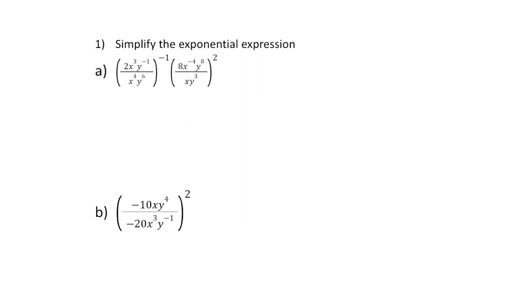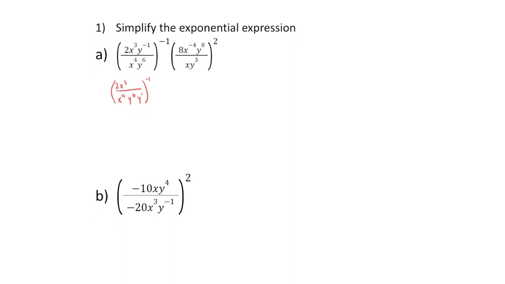So if we go about this step by step, the very first thing that I would do is simplify inside the parentheses. So simplifying inside the parentheses, first we have 2x cubed. I'm going to bring that -1 down. So I have y to the 6th and then y to the 1st.